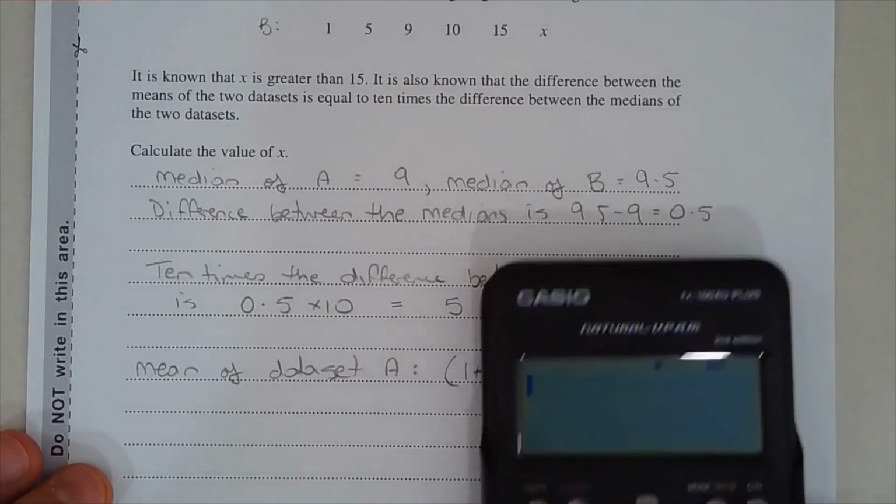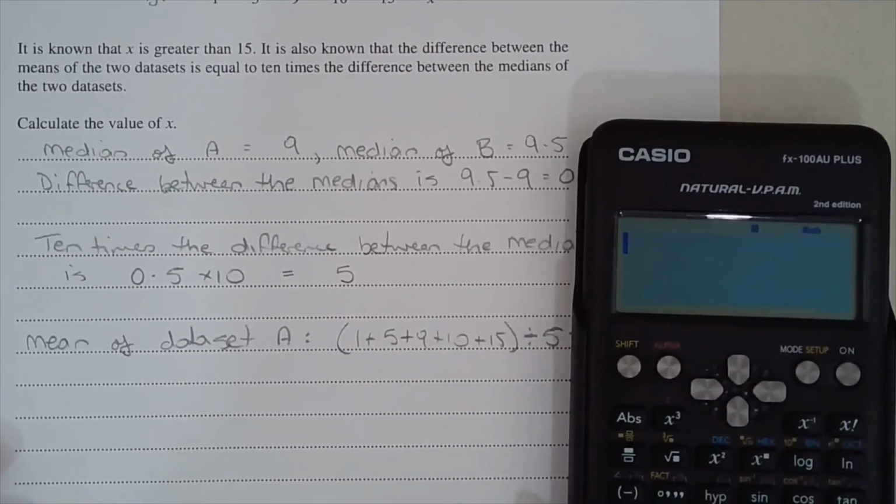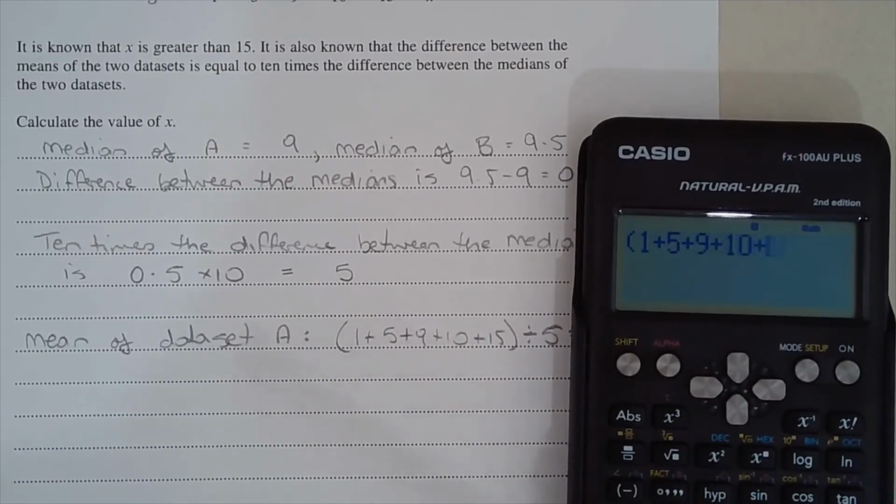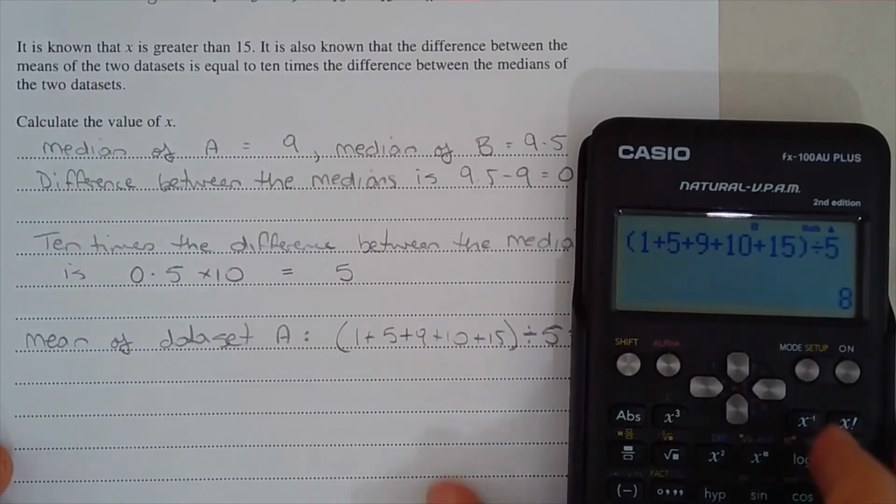I'm not going to use the stat mode on the calculator; I think it's quicker to just add them up manually and divide by 5, and we get 8.